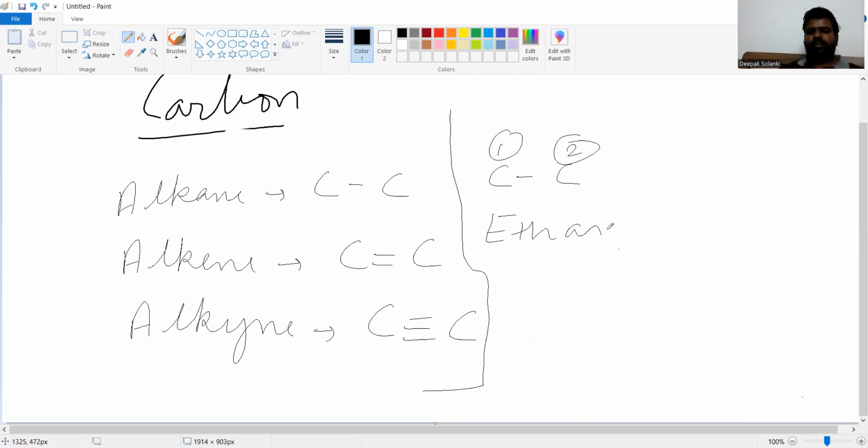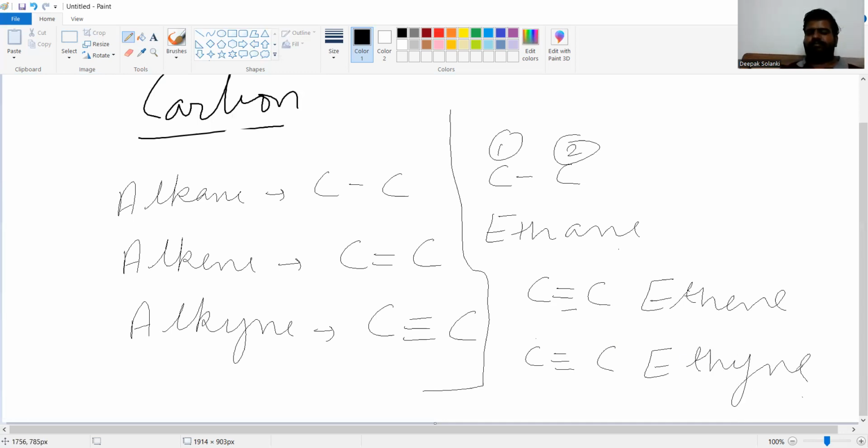A single bond gives ethane. Two carbons bonded with a double bond, what will it be? Ethene, because a double bond is there. And if a triple bond is there, ethyne. Triple bond yne, double bond ene, and single bond ane, and the prefix is eth only because two carbons are there.